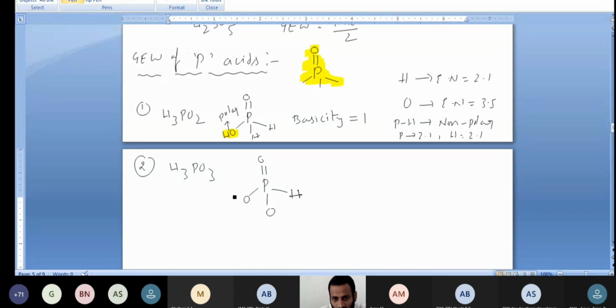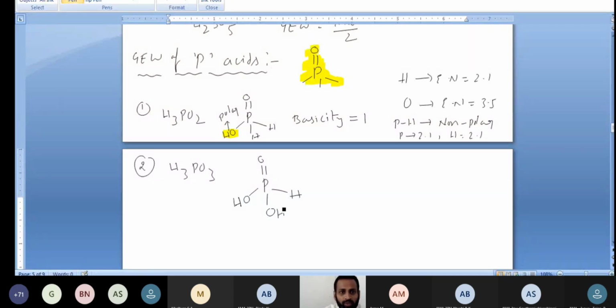So how many OH bonds are there? 2. So here you have one hydrogen and here one hydrogen.